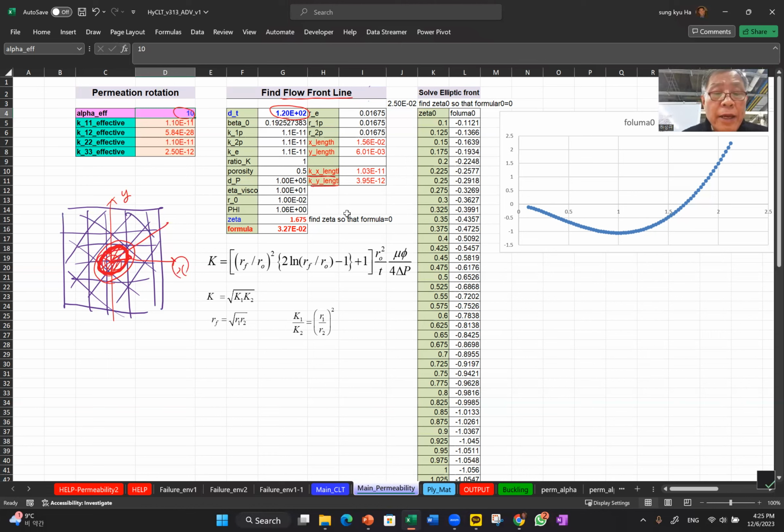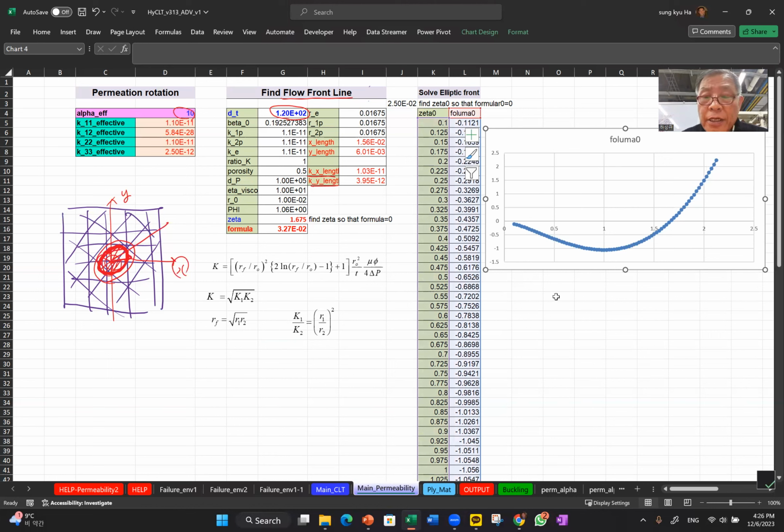Again, I will skip the theory. You can find it from the references I mentioned in this slide. Actually, that's all you need to understand. This one is a nonlinear equation. We have to find the zeta that makes it 0 here. I recently upgraded the program so that this zeta, which makes the formula 0, is automatically calculated.